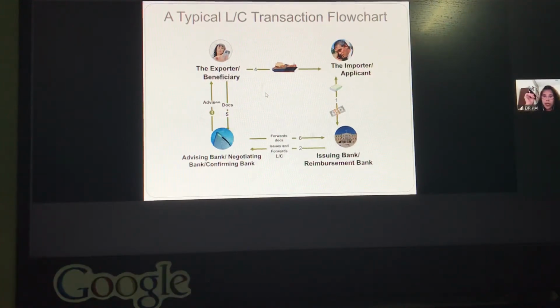Chapter 2 is instruments in international payments, or international payment instruments like a bill of exchange, check, payment cards. Do you remember bill of exchange?